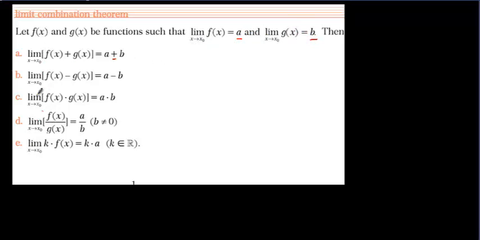These are all the same, x tends to x0. So if there is addition, subtraction, multiplication or division, you can carry the operation out, or if you multiply by k, you can multiply the result by k again.